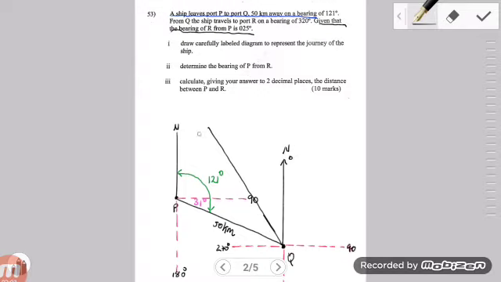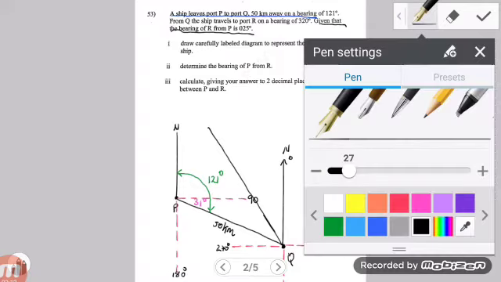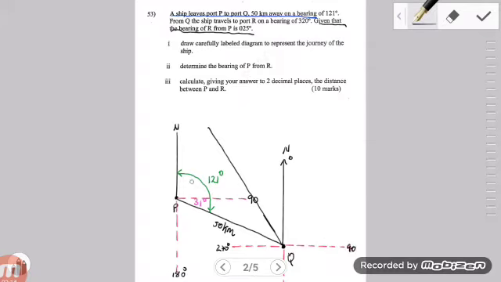45 is exactly between. So 25 is going to be somewhere in this direction here. Just establishing, so it's going to be something of this nature. So about there, just an estimation.